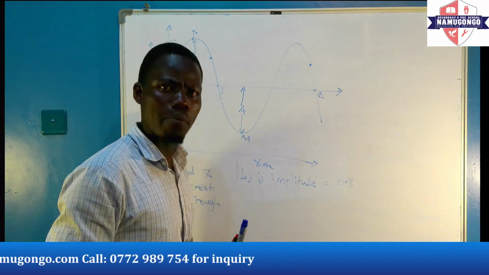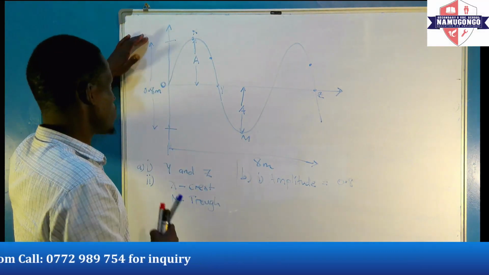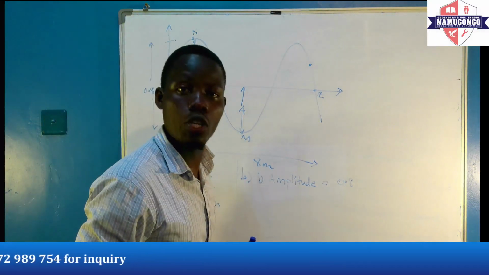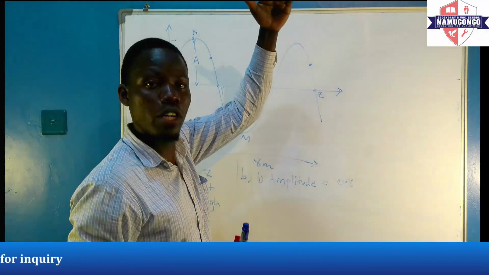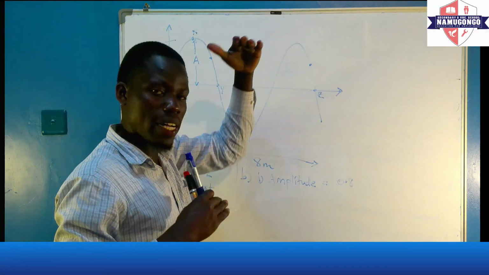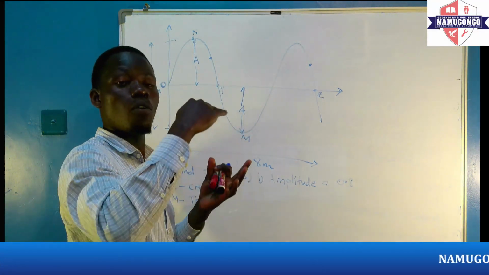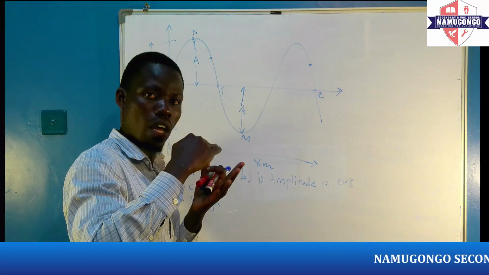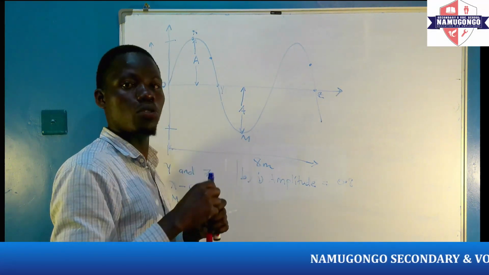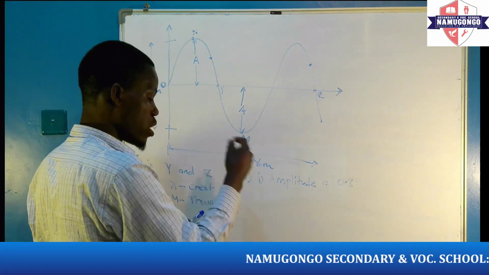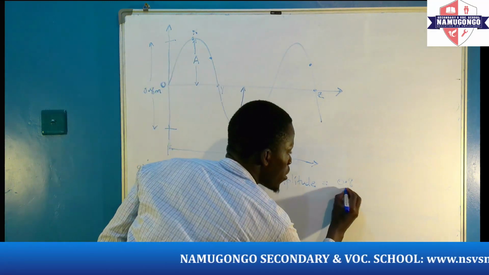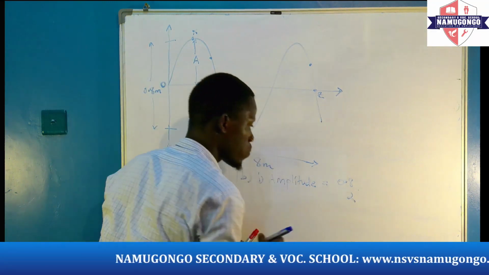Why are we dividing by 2? It is because 0.8 is the total distance from the crest to the trough. But the amplitude is from the crest to the rest position, and likewise from the rest position to the trough. So take note of that. We shall divide 0.8 by 2.